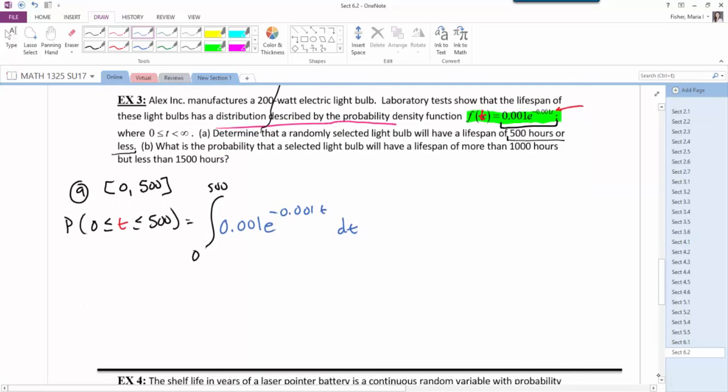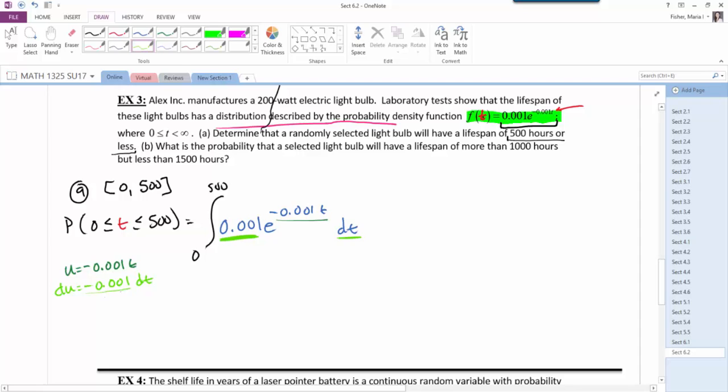Just like the problems that we did before, we're going to need substitution for this. So if we let u equal what e is being raised to, u equal to negative 0.001 t, then the derivative, du, would equal negative 0.001 dt. But I don't have a negative 0.001 dt, I have a positive 0.001 dt.